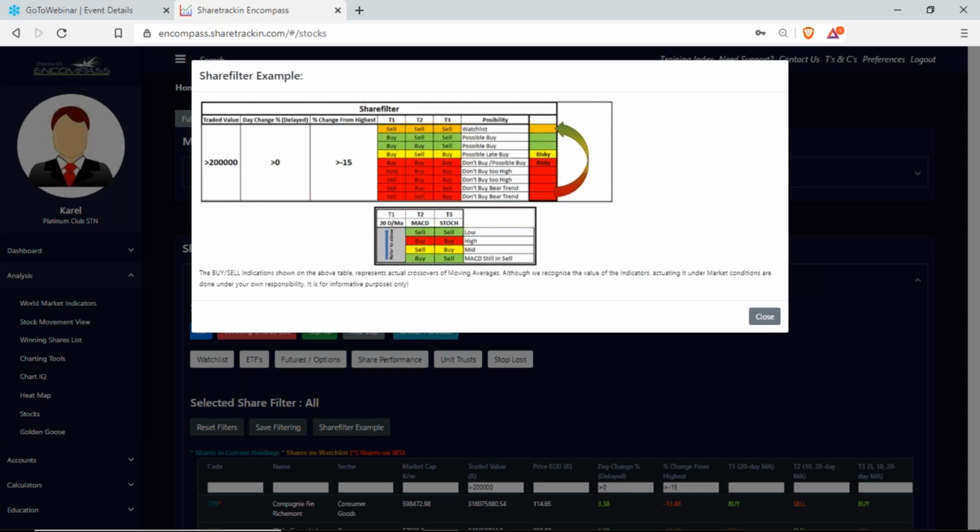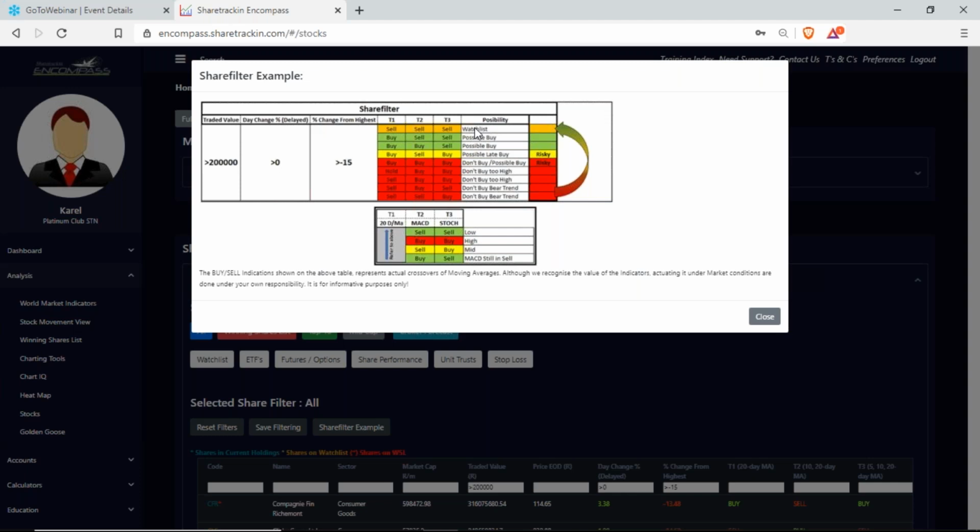Underneath each one of them, you will see there's either a buy, a sell, or a hold. Next to it, the possibility. In other words, if something on your share filter says sell, sell, sell, like the top one, it means this is more likely to be a watch list share.